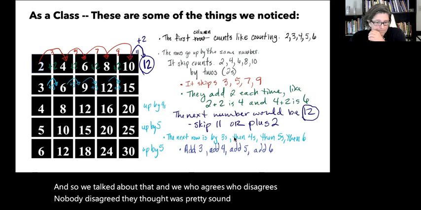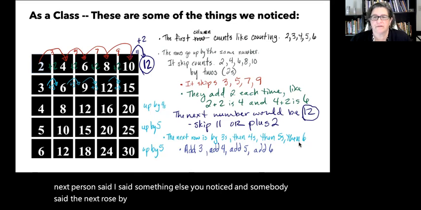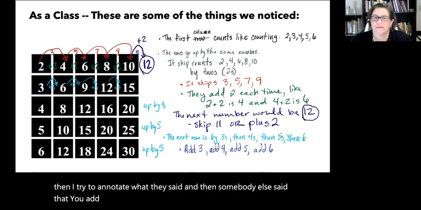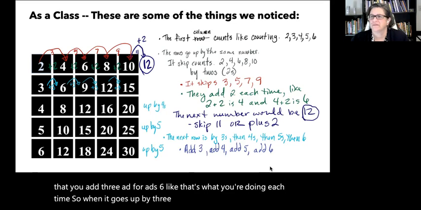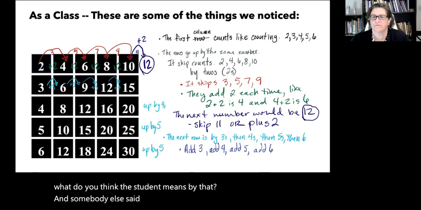The next person, I said, so what's something else you noticed? And somebody said the next row is by 3s, and then 4s, and then 5s, and then 6s. So I tried to annotate what they said. Then somebody else said that you add 3, add 4, add 6, like that's what you're doing each time. I said, what do you think the student means by that? And somebody else said they mean that you add 3, add 4, add 5, add 6.